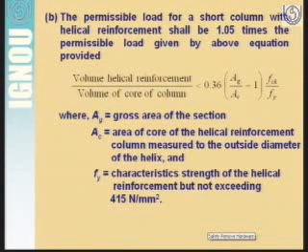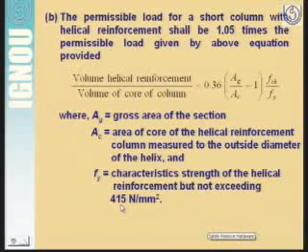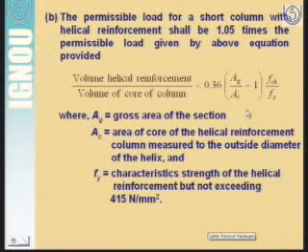Means you cannot take a steel grade more than Fe 415 for the transverse reinforcement. That is the meaning here. So this fy is for the helical or transverse reinforcement in this formula. If this condition is fulfilled, then you can increase the permissible load by 5% for the spiral short column.